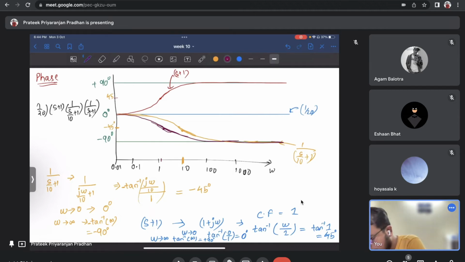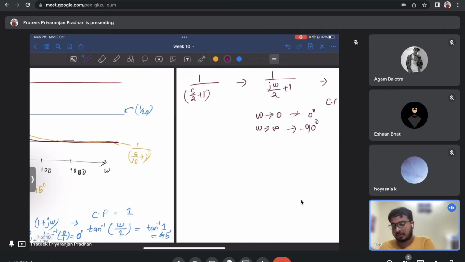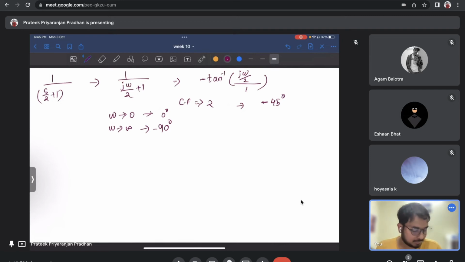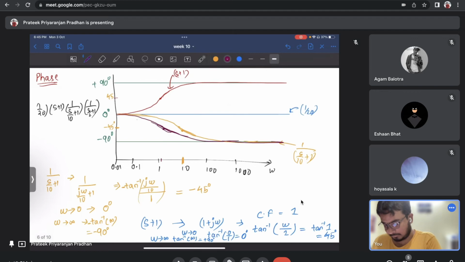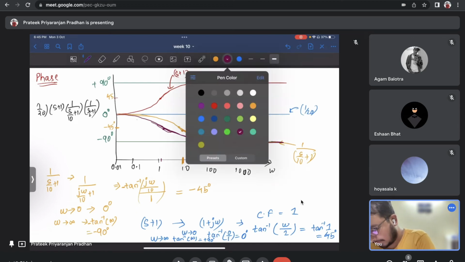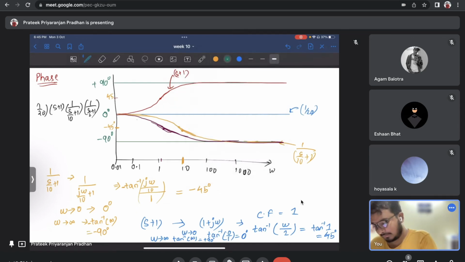Okay, this part is clear, these diagrams, bode diagrams, and now we'll just add them up. When we add them up, I'll draw maybe in this diagram only. I'll choose green color for the main diagram, so you can just add it and see, simply for each diagram.